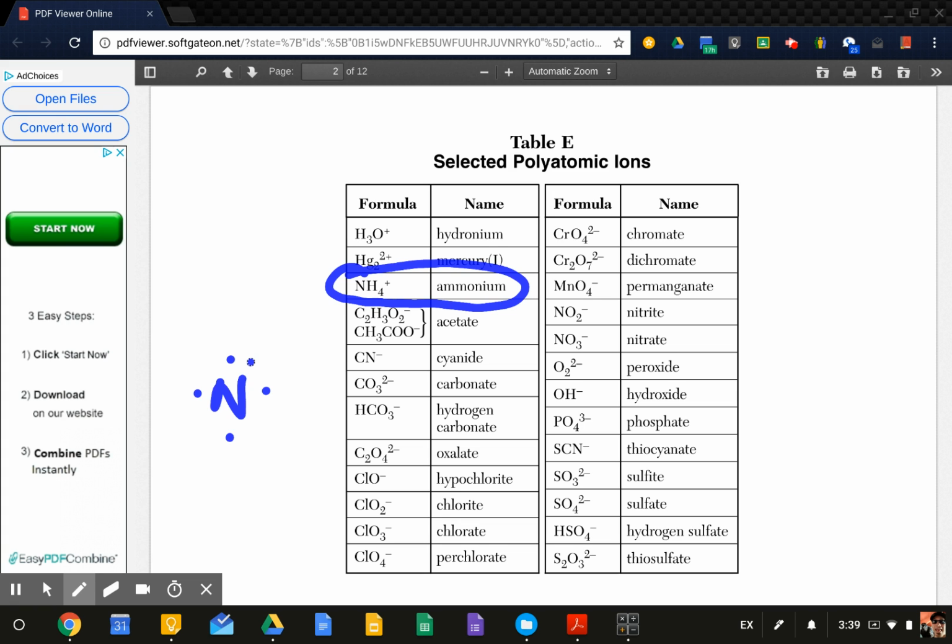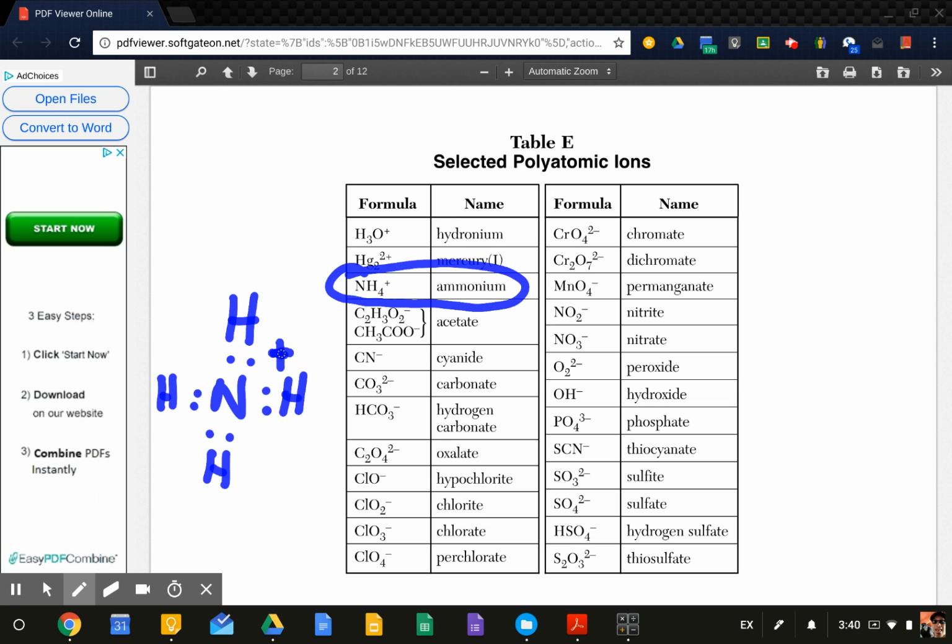Nitrogen has 5 valence electrons, so you get a covalent bond with a hydrogen, bringing its valence electron here, and here, and here. That's NH3, which is ammonia. Ammonium has an extra hydrogen, and because this extra hydrogen is using those 2 electrons that nitrogen already had, the nitrogen almost feels like it's missing an extra electron. So that means that it's positive. So that's where you get NH4 positive.